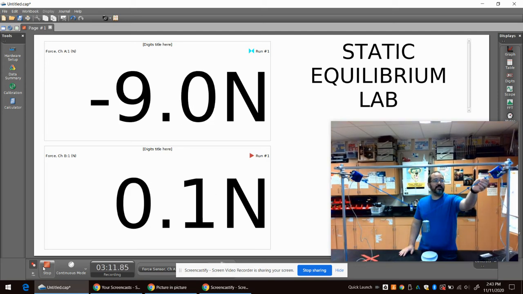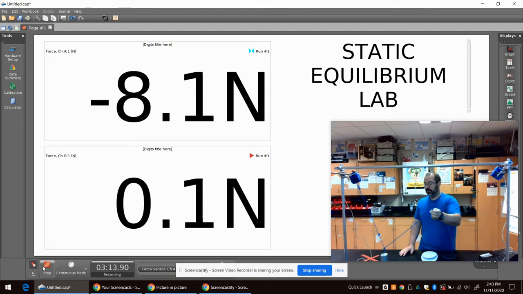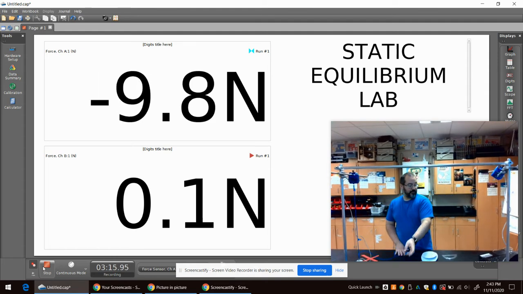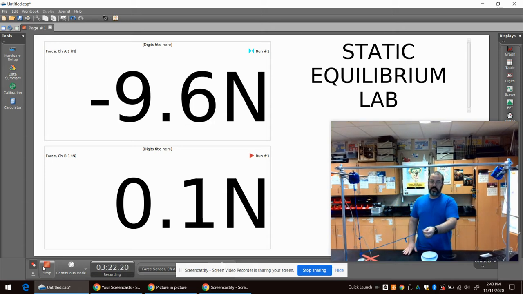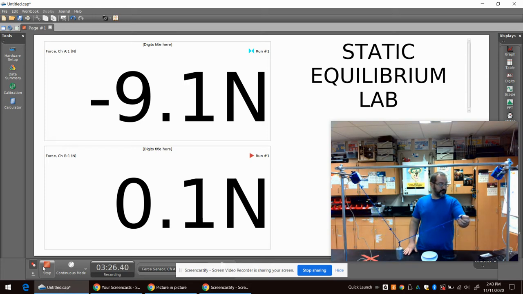But when I take this string and I let it down, we again can see that it goes back to reading 9.8 newtons. But when I start pulling it to the side, the force starts to go up. Why is that?